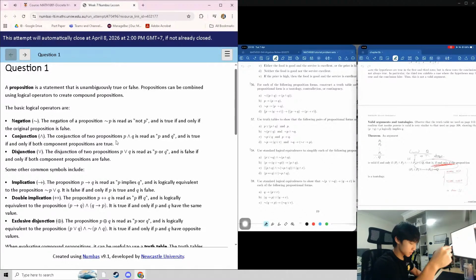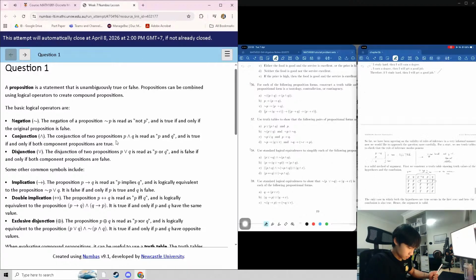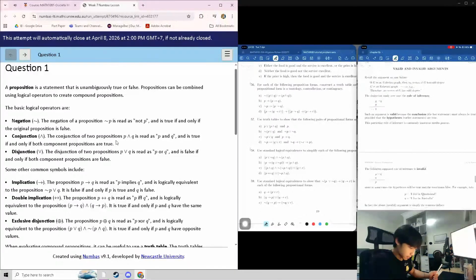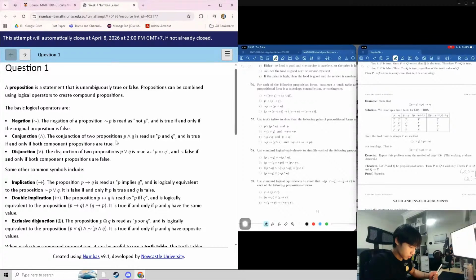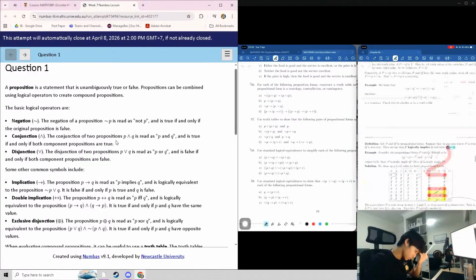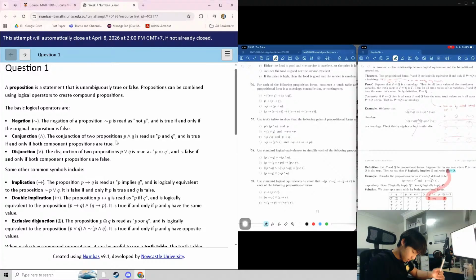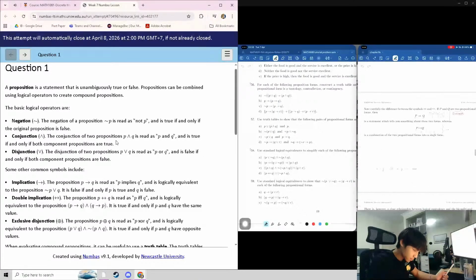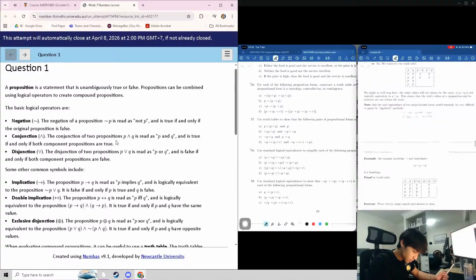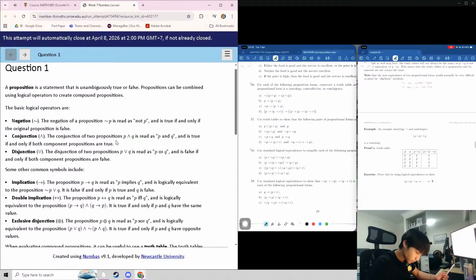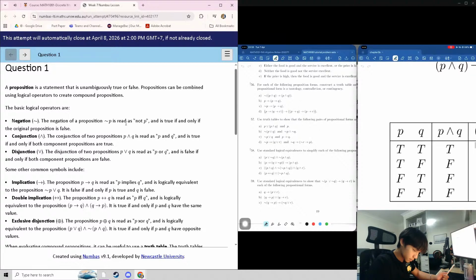If P is not true and Q is true, then I'm pretty sure not true. Yeah, pretty sure. I mean, this is the start of it. Let's just take this side.